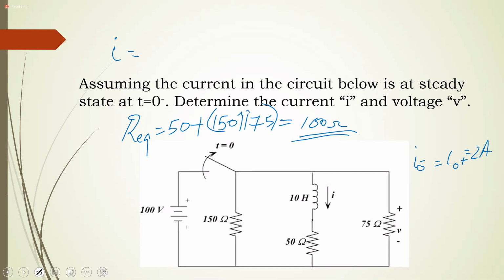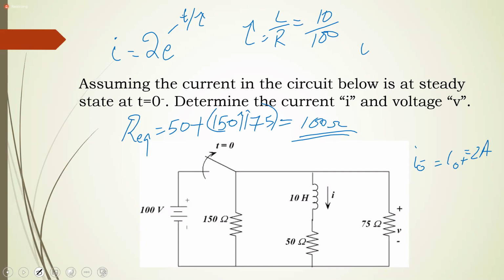So it would be 2e to the minus t over tau, where tau is equal to L over R. L is 10 henries, and we just calculated R to be 100. So that's 0.1.